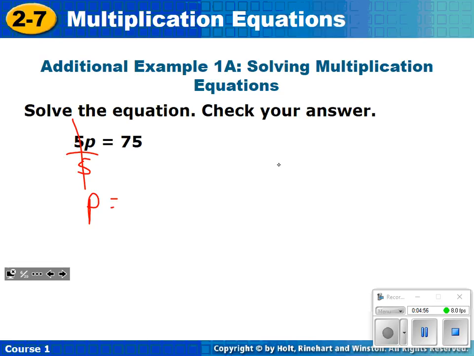Okay? Now what do we do? Anna? Do the exact same thing to the other side. What's 75 divided by 5? You sure?